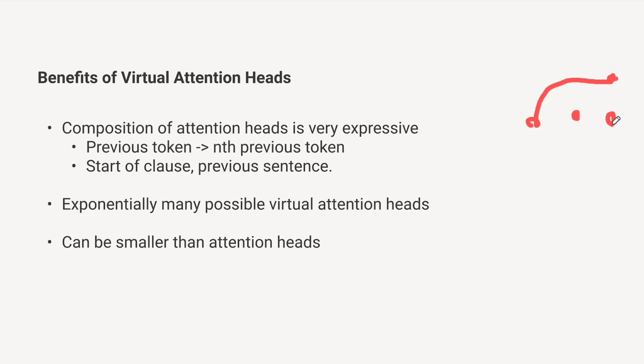Sometimes they attend to the token 2 beforehand, but very rarely do we see attention heads that attend in a fixed way to the token 2 steps before them. You might ask, why is that? I think one reason at least is that the model doesn't need to do that in order to have the ability to get information from the token 2 steps before, because it can use virtual attention heads and just chain them together.